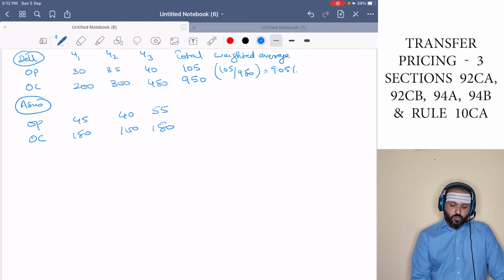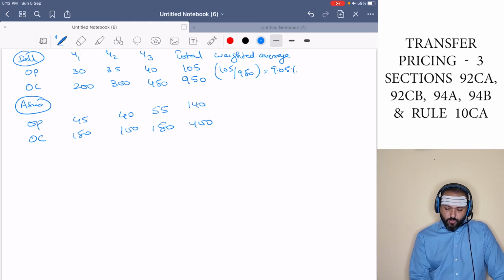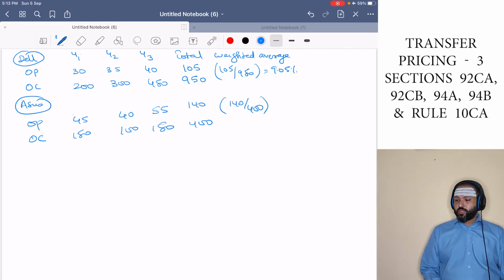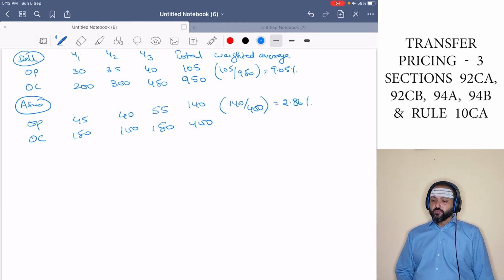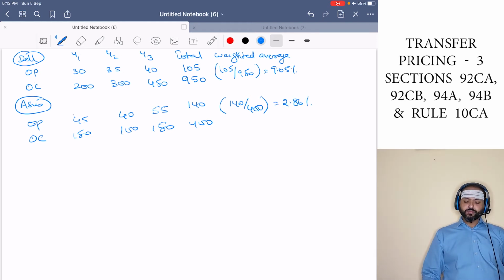So how much is the total here? 140 and 400. Therefore 140 divided by 400. So what is going to be the range? 2.86% will be the profit factor. Okay, so follow this and you will be able to crack the operating profit percentage for all the entities.